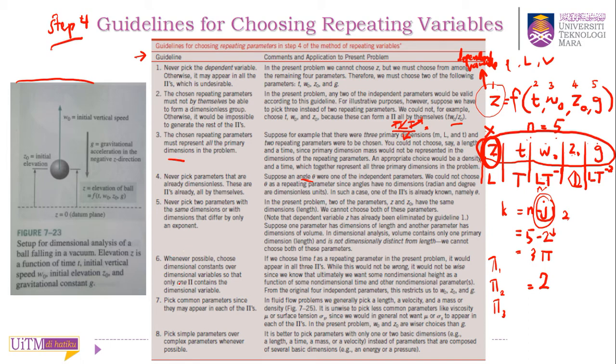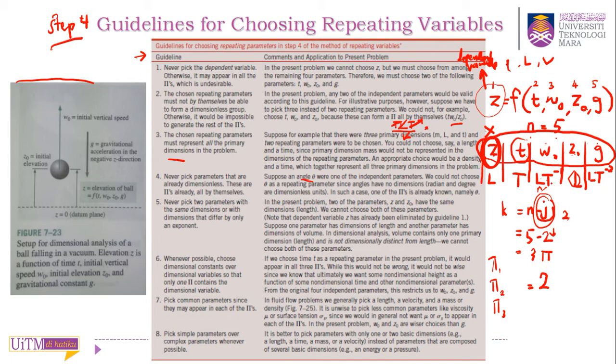The 6th guideline: whenever possible, choose dimensional constants over dimensional variables so that only one pi contains the dimensional variable. So for example, if you choose time T, you will also have T in other parameters.